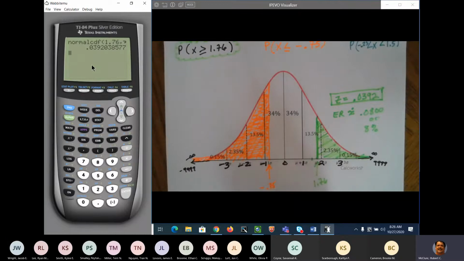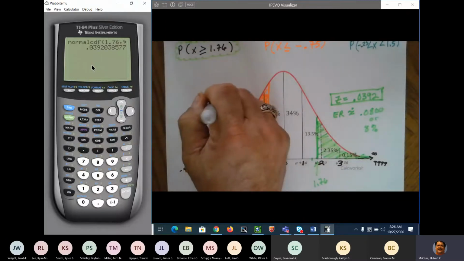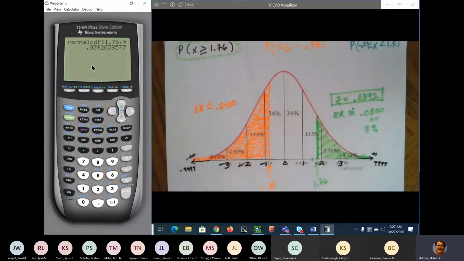So 34 divided is 8. So I'm going to say 8 plus 16 is 24. So I'm going to say that by the empirical rule, it's around 0.2400.